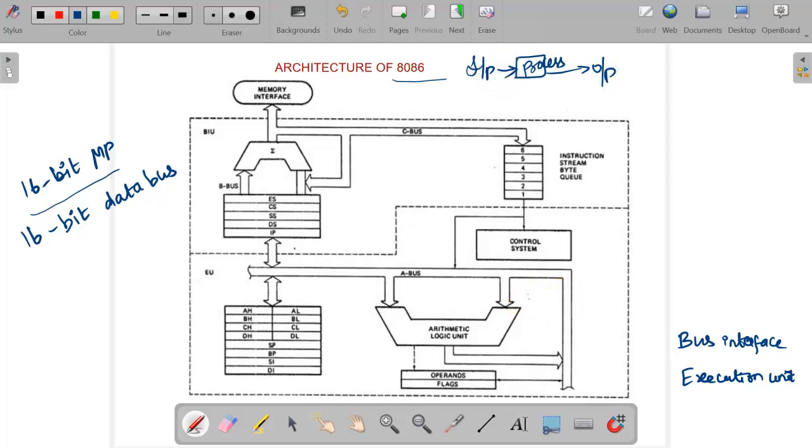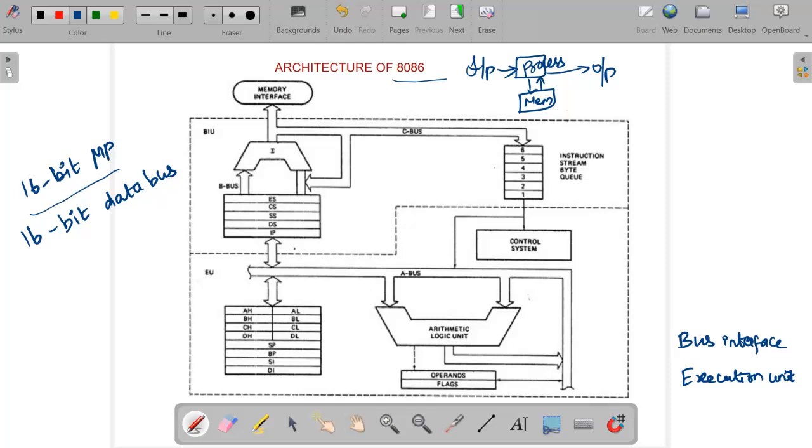That is what your microprocessor will do. And then it is externally connected with the memory unit also. So it can either read the data from the memory or write the data to the memory.